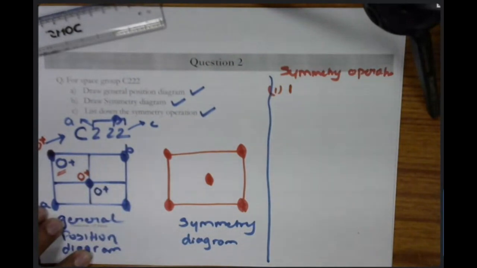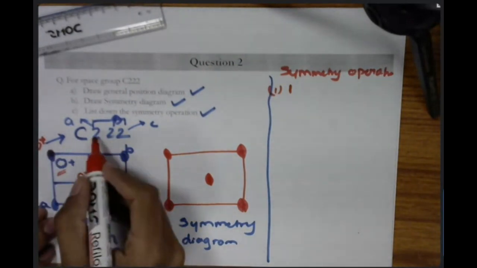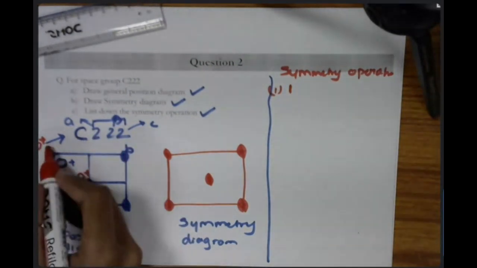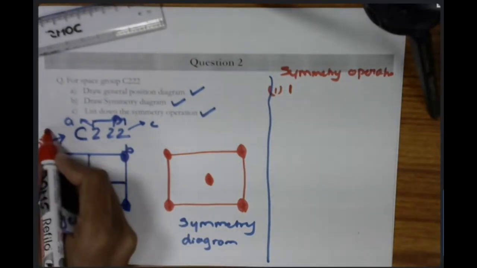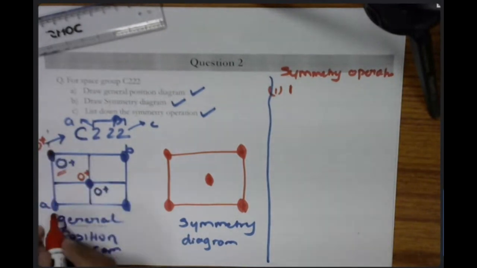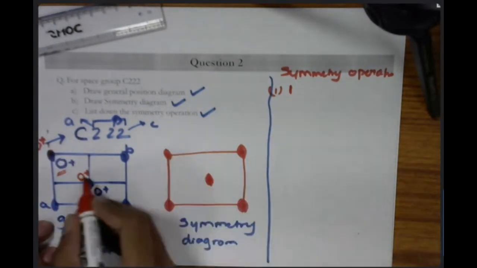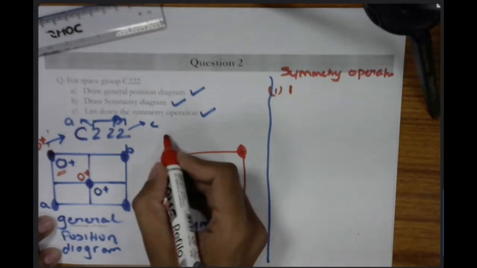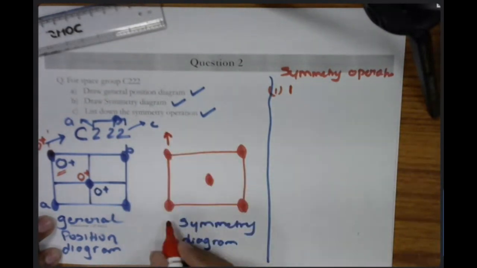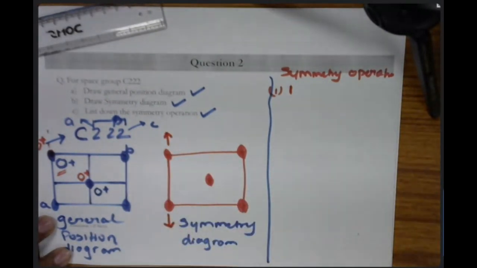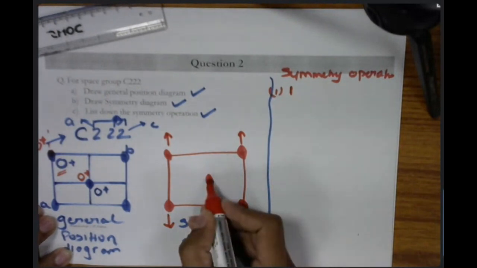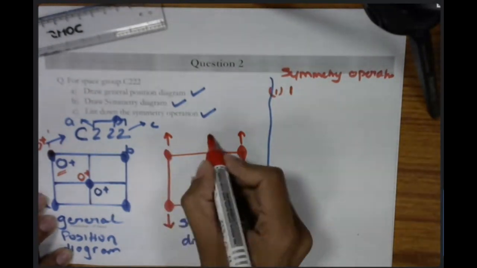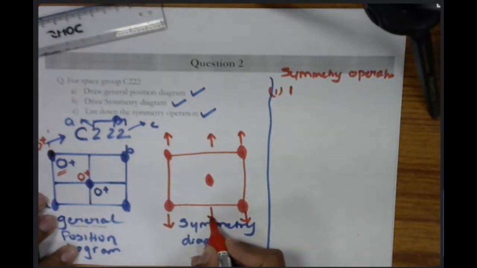Now there is a twofold also across the A axis and B axis. So let us say I am rotating about the A axis, about this axis. How do we represent the twofold across the A axis? We can simply make this particular arrow in the general position diagram, and say that there will be a twofold over here. Similarly also here. This lattice point is no different from this lattice point, so we can write over here.